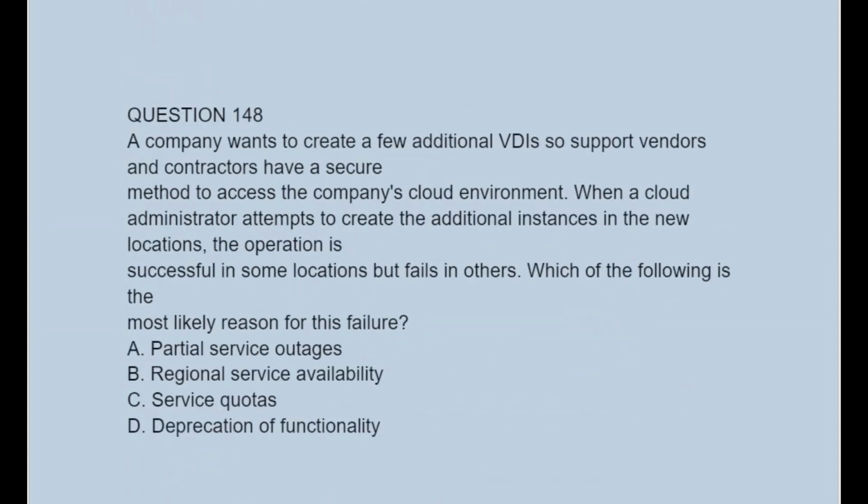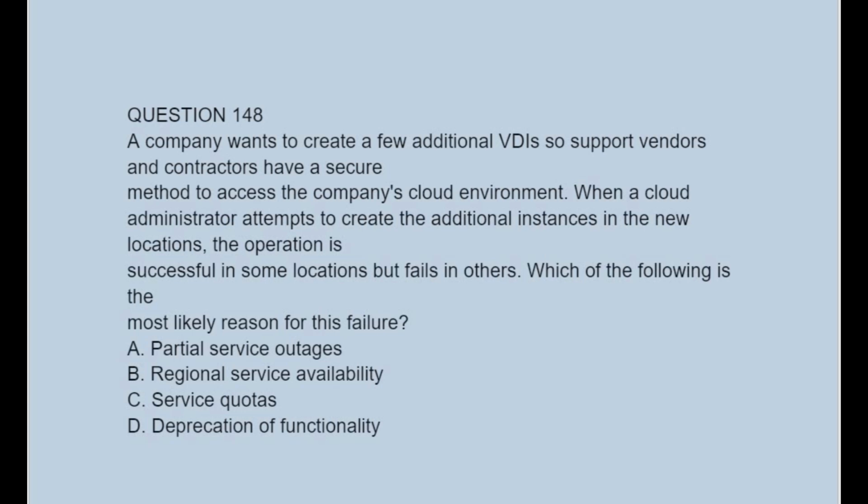Question is, a company wants to create a few additional VDIs so support vendors and contractors have a secure method to access the company's cloud environment. When a cloud administrator attempts to create the additional instances in the new locations, the operation is successful in some locations but fails in others.